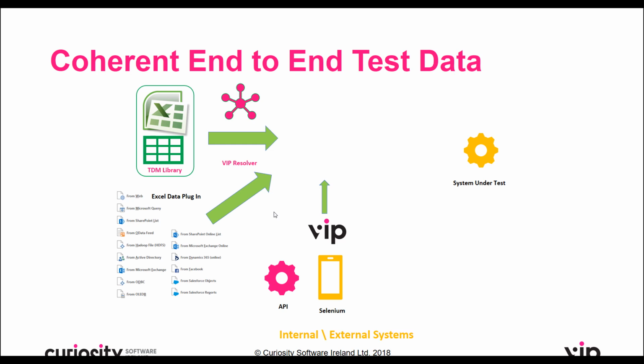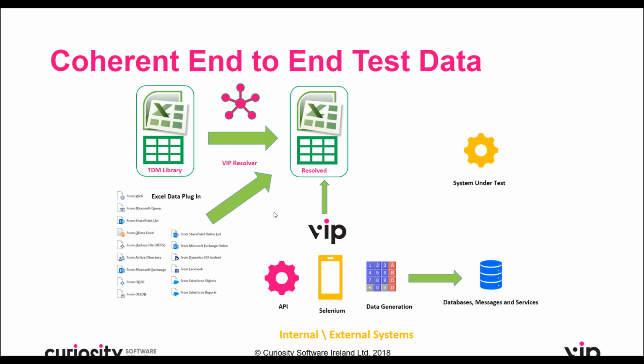It can do all sorts of clever stuff, and it can bring that back into your resolved data set, which is then used by the system under test. You can also synthetically create data directly into databases as well. Then your system under test has a coherent set of data to read and a coherent set of matching data in the automation spreadsheets, which are driving the automation.